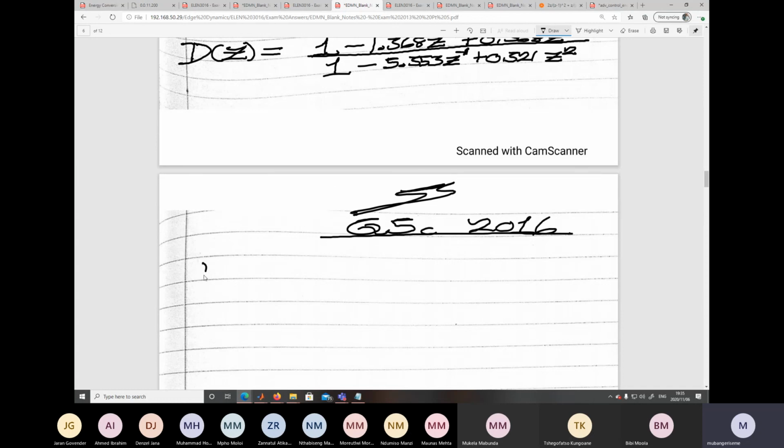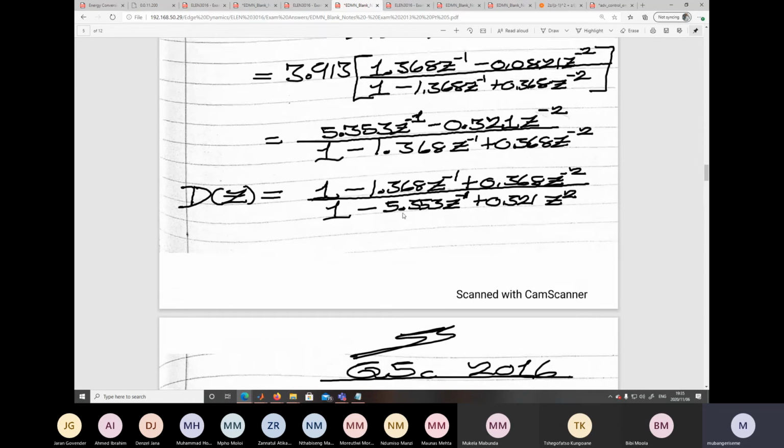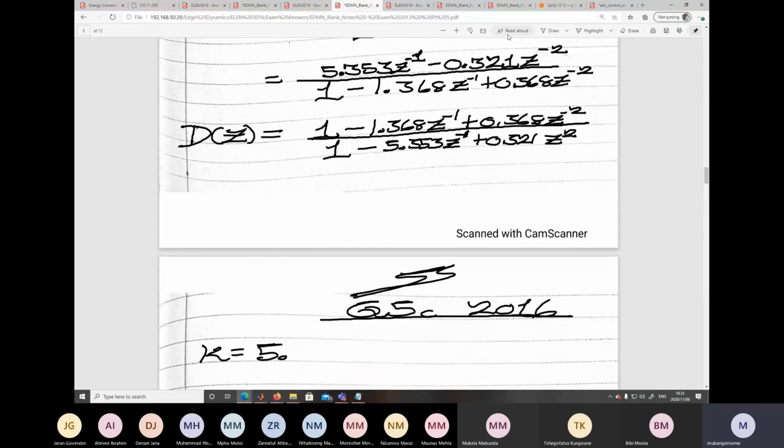The check that you do there is you'd say K is equal to 5.353 minus 0.321, must be approximately equal to 13.98 over 20. Is that true?